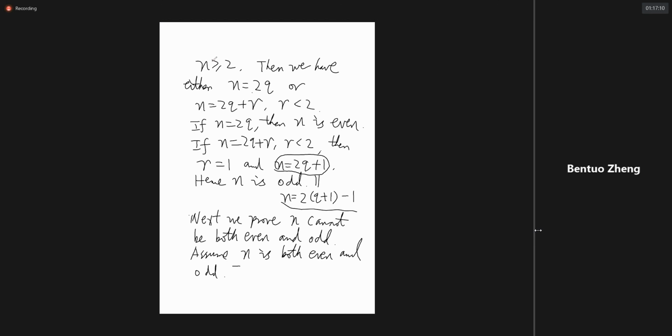Then by definition, n is equal to 2 times k, because n is even, and n is equal to 2 times k prime minus 1, because n is also odd.